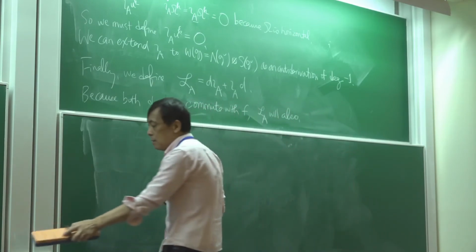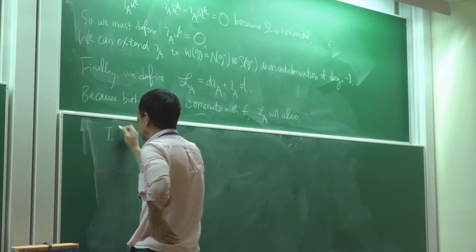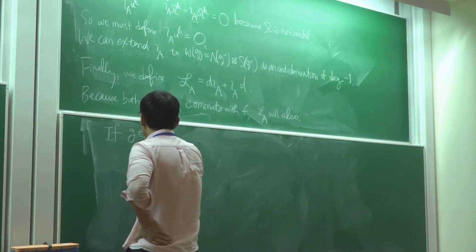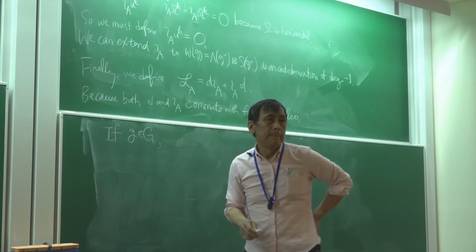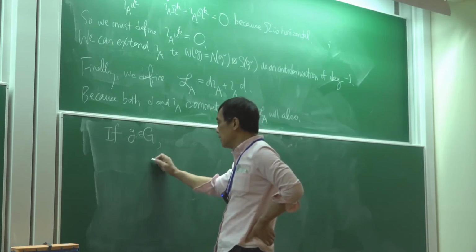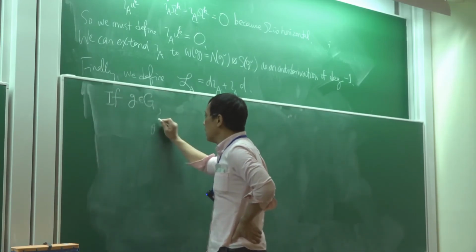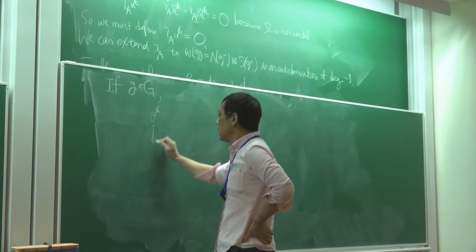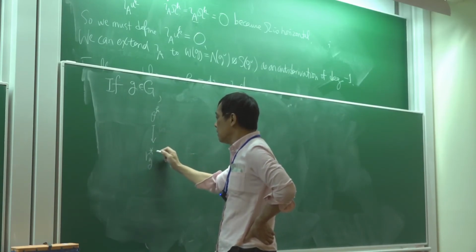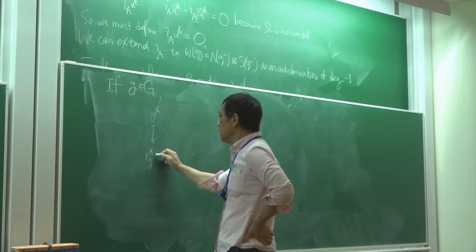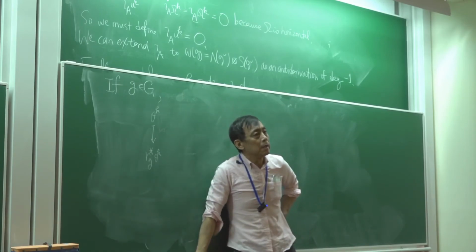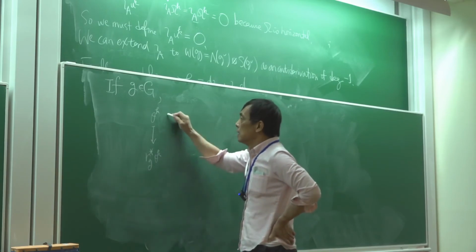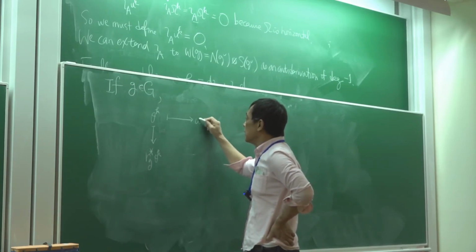Okay, yeah. So if g is in G, I need to define RG star of theta k. Okay. Now, theta k goes to omega k.